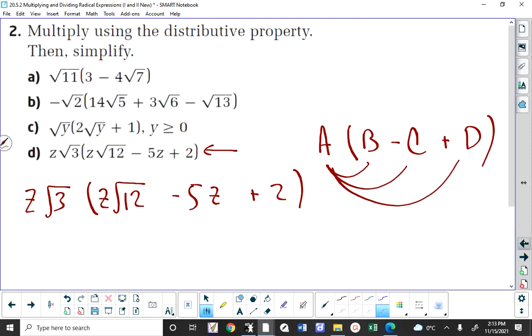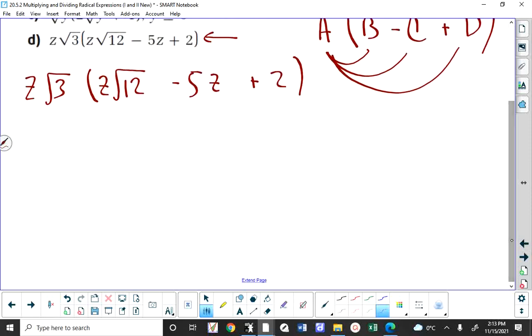You multiply it through. Okay, so let's multiply it through. I get z times z. Those are both coefficients, which is z squared, root 36, because root 3 times root 12 is root of 3 times 12. I multiply the z root 3 times the negative 5z. This is a coefficient, and this is a coefficient, so we multiply them.